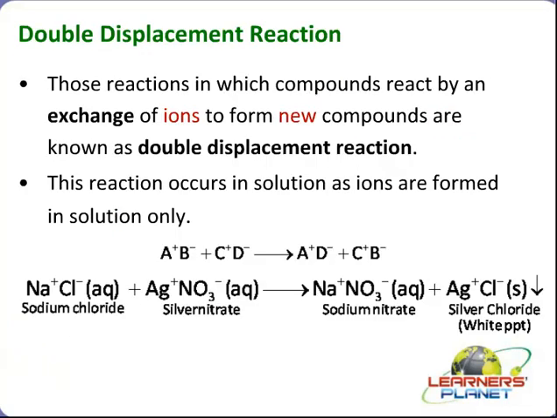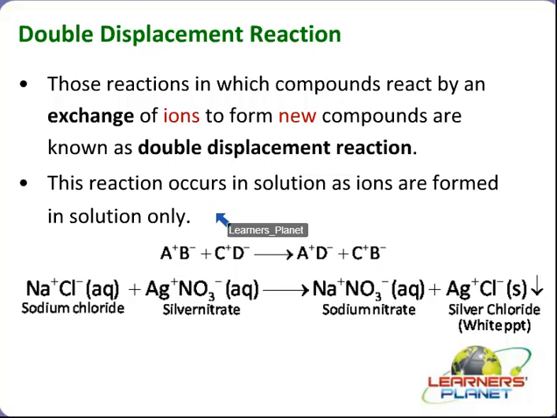Now what is the difference between displacement and double displacement? Those reactions in which compounds react by an exchange of ions to form new compounds are known as double displacement reactions. This reaction occurs in solution as ions are formed in solutions only.